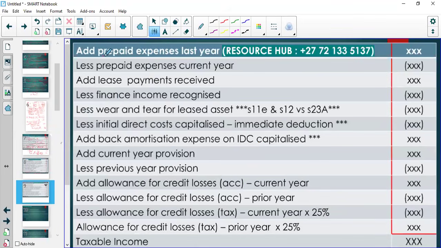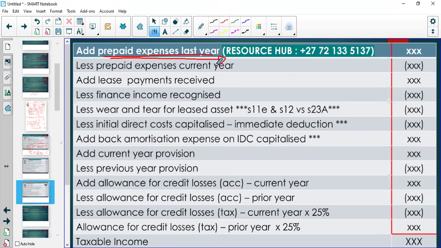Then we might have prepaid expenses last year. Remember, I said to you, for prepaid, I'm sorry, you are not in my class, but prepaid expenses, all of them you need to deduct in the year that they are incurred. But when you go to fourth level to CTA, then you can also apply the 100,000 limit, the 6-month rule.